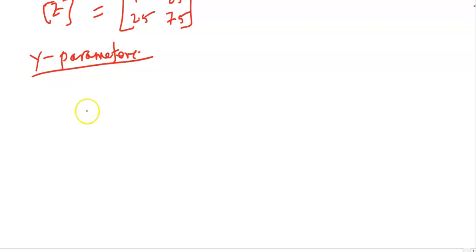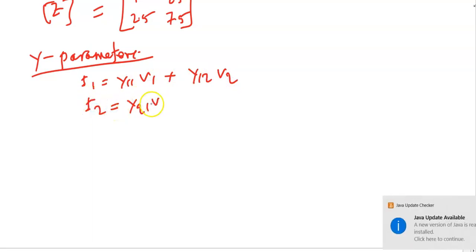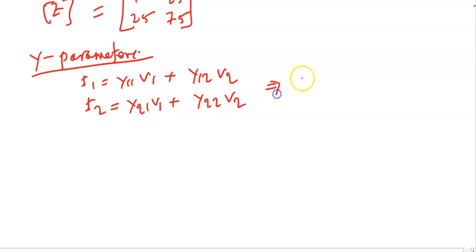Y parameters are defined as I1 is equal to Y11 V1 plus Y12 V2, and I2 is equal to Y21 V1 plus Y22 V2, or in matrix form, I1 I2 is equal to Y11 Y12 Y21 Y22 times V1 and V2, right?